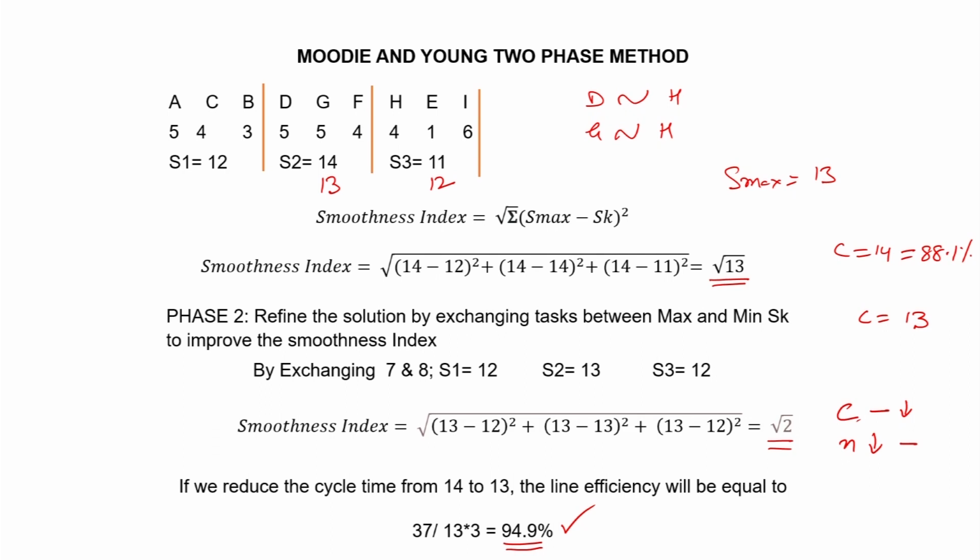So, this is the Moody and Young method, 2-phase method, very interesting method, and it gives you an idea about improving the smoothness also. Okay.